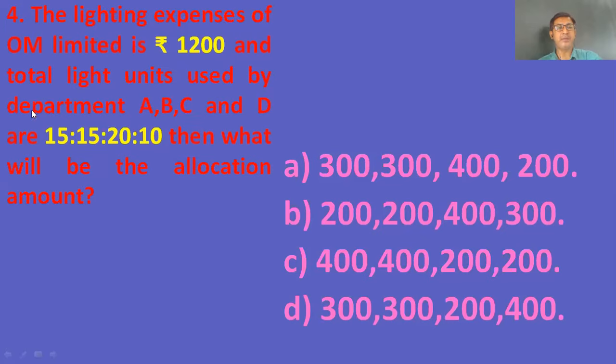So 20 multiplied by 15 will be 300, 20 multiplied by 15 again 300, and so on. So the right option is clear to us now. The right answer is option A: 300, 300, 400 and 200, the total will be 1200. Like this, the allocation will be made as per the ratio given.